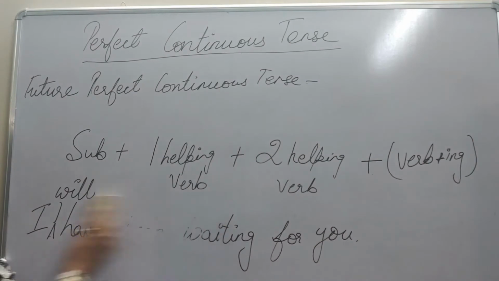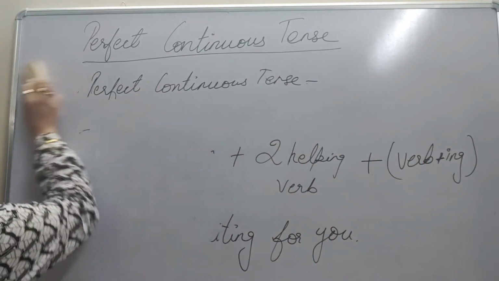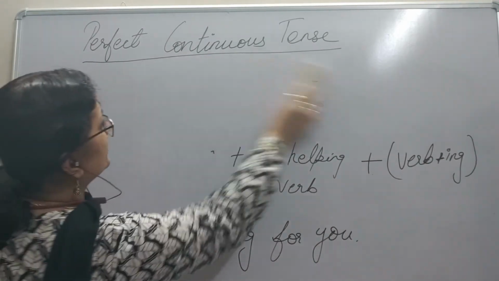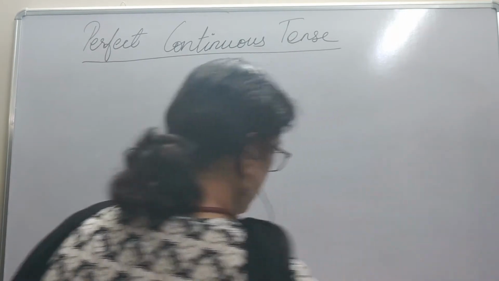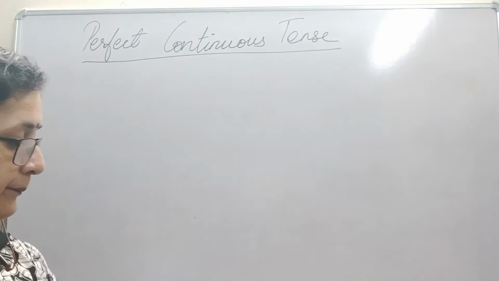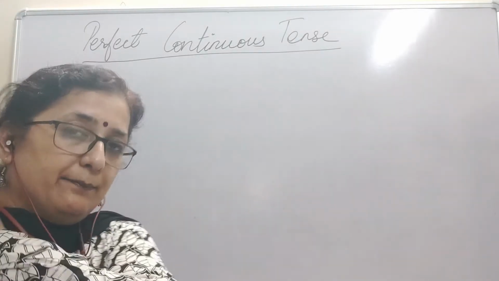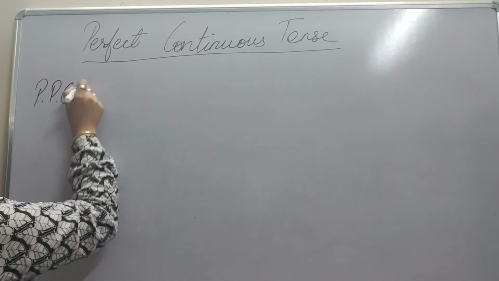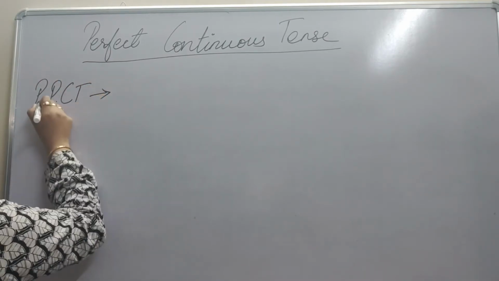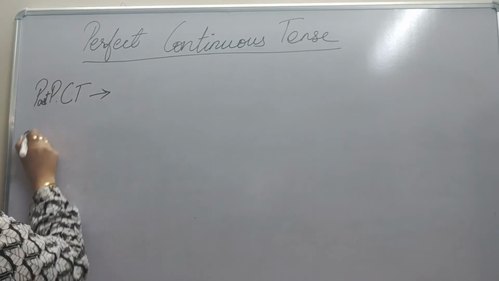Now let me give you one example of each once again so that the concept is very clear to you. A very short example. Okay, examples for the past perfect continuous tense. I'm putting this as past.